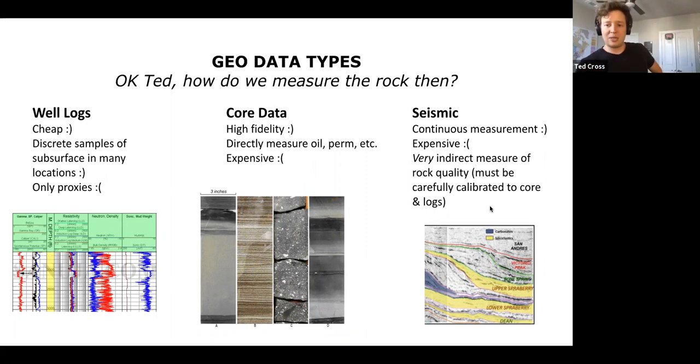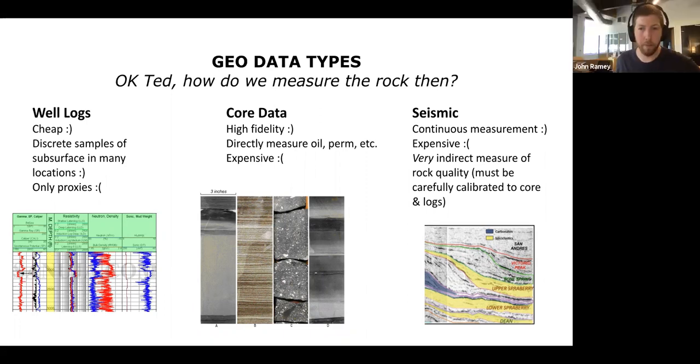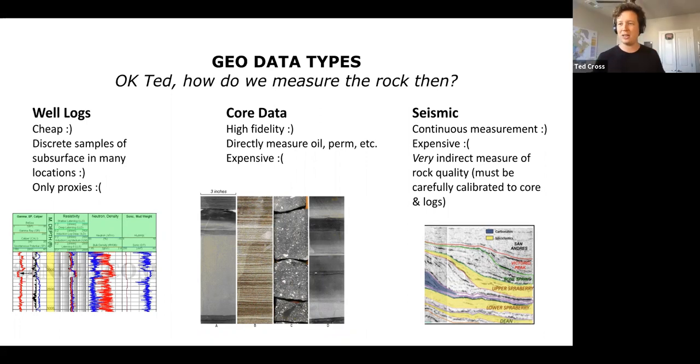And then seismic data, it's kind of like, what's that thing when they measure the baby for a pregnant woman? Sonogram. A sonogram. It's kind of like a sonogram, but for the earth. They have these trucks that sit on the surface, and they literally vibrate.